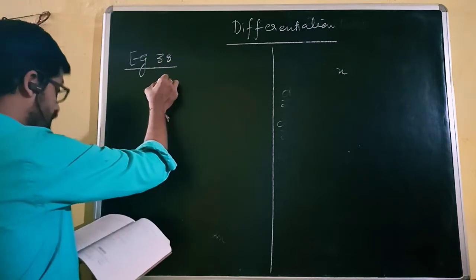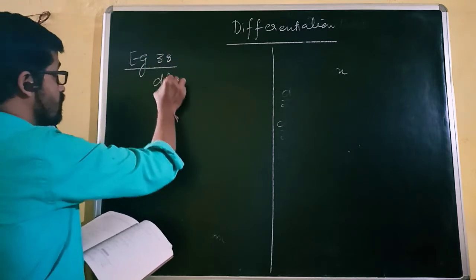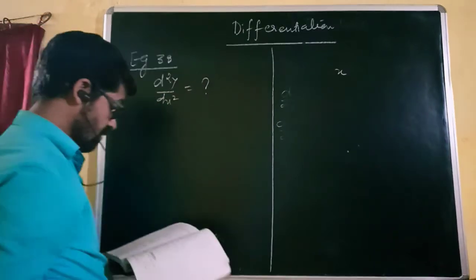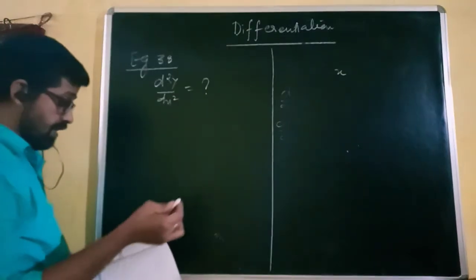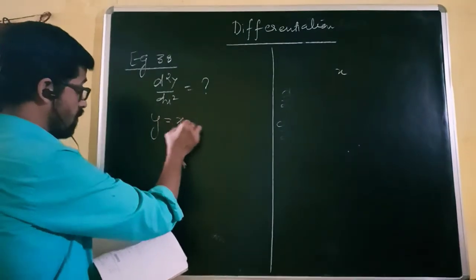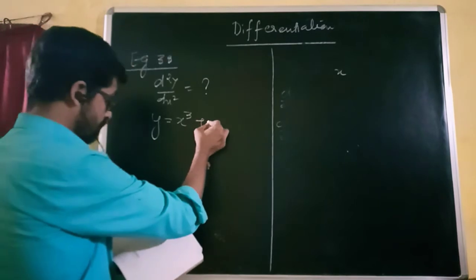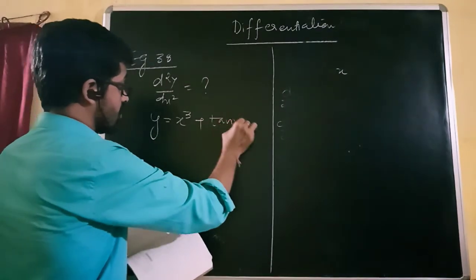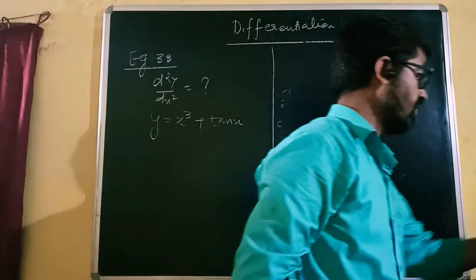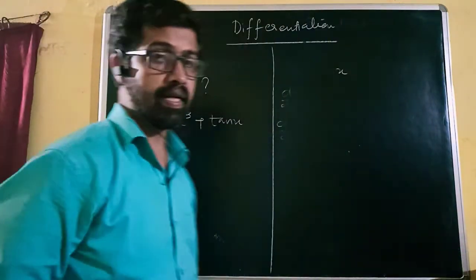We have to determine d square y upon dx square, children, and the condition given to us is y equals x cube plus 10x. Now we are asked to find the second order derivative.